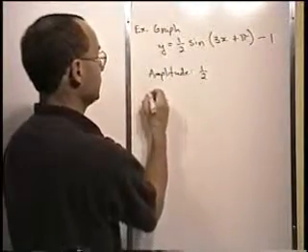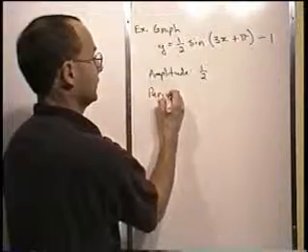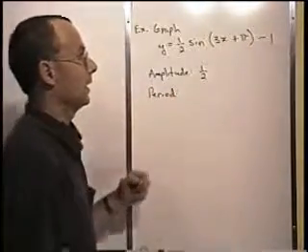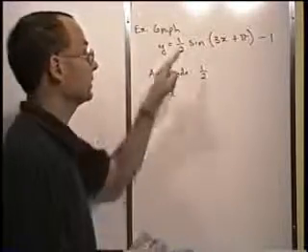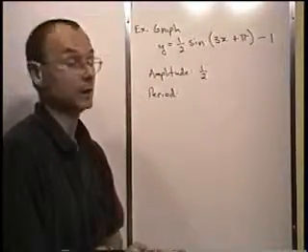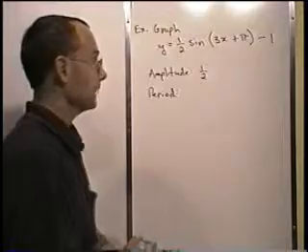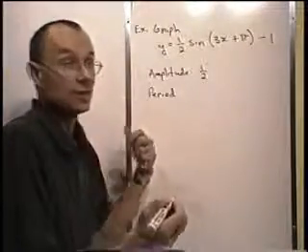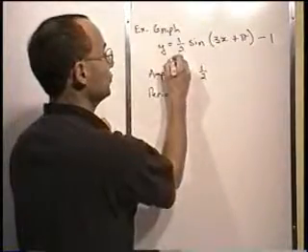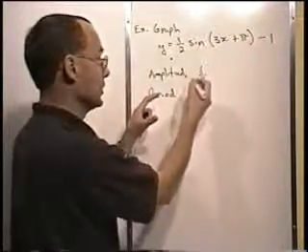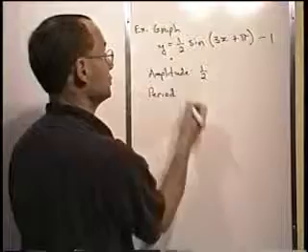The next thing I think is probably the easiest, the period. In this case, we have to do some factoring before we can identify the period. I guess it's really more the phase shift that the factoring affects, but it's a good idea to do the following before you get into all these identifications.